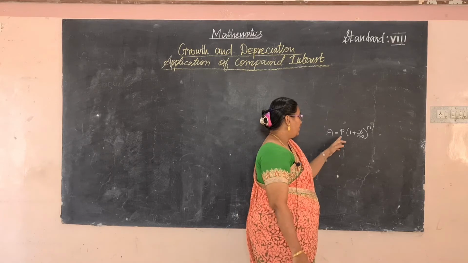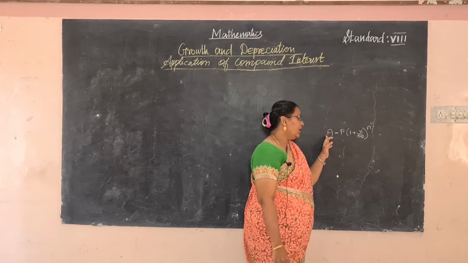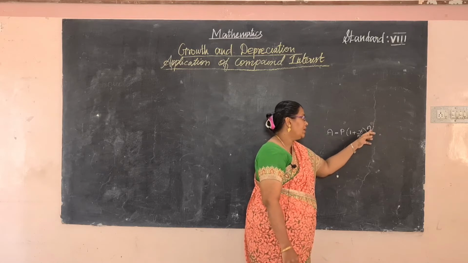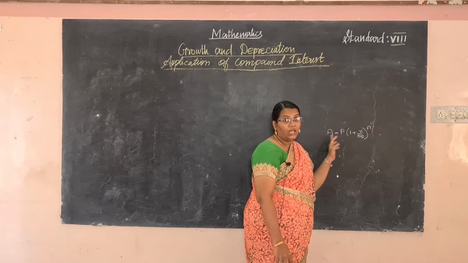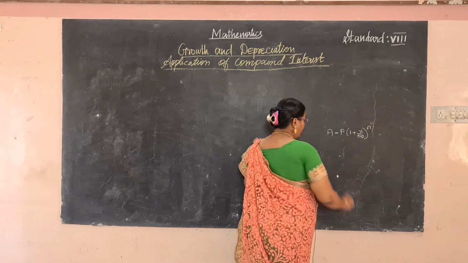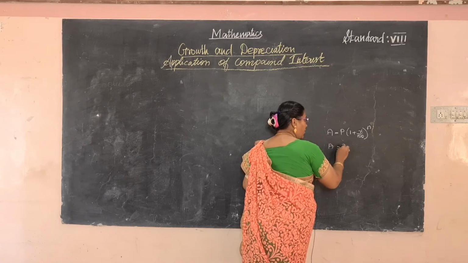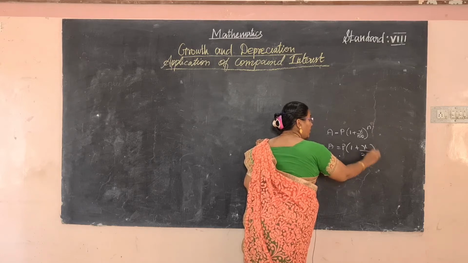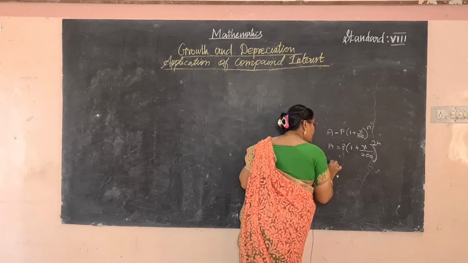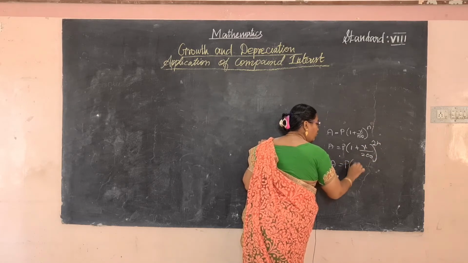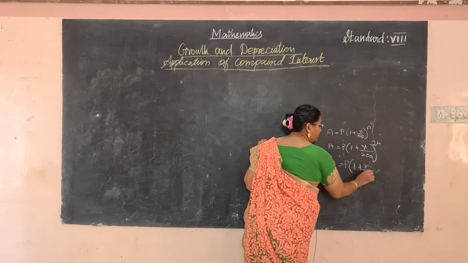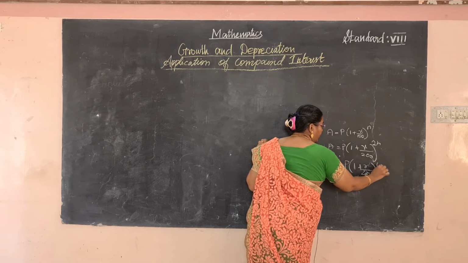P is called the principal, A is called the accumulated amount, R is the rate of interest in percentage and n is the number of years. For compounded half yearly, A equals P of 1 plus R by 200 the whole power 2n. And quarterly, P of 1 plus R by 400 the whole power 4n.